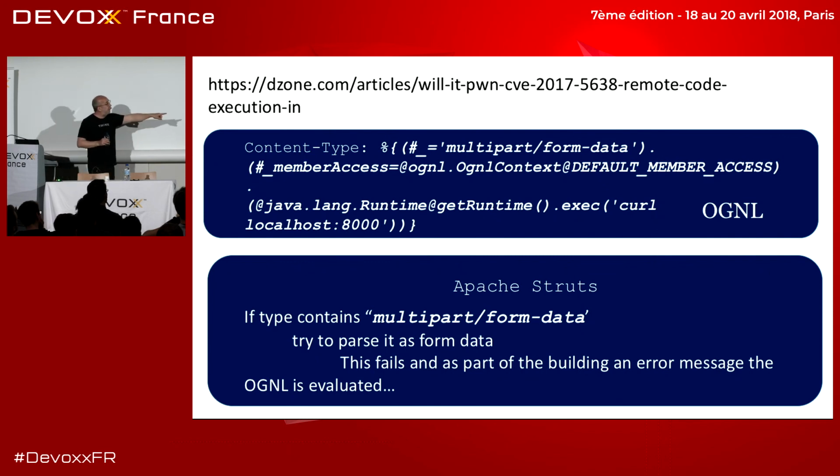So what happens is Struts tries to parse all that gorp and it fails, which is what you'd expect. It says that's not in the right form. However, as part of the failure, and this is the scary bit, code actually gets executed. Because Struts, as part of the failure, realizes that this is in fact OGNL, a scripting language within Apache Struts, and that gets executed.